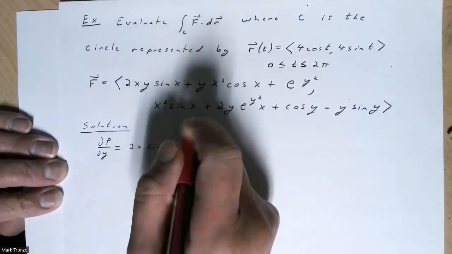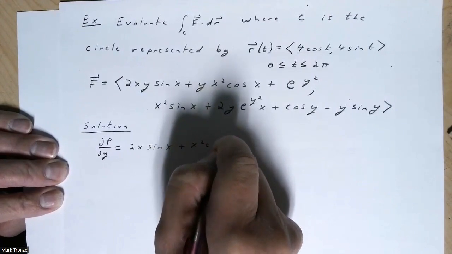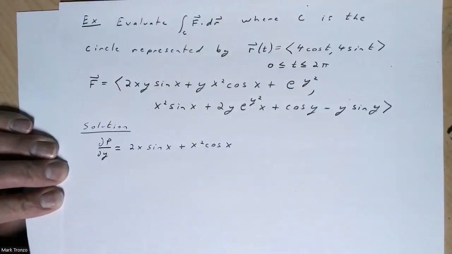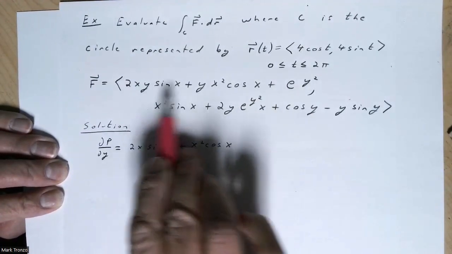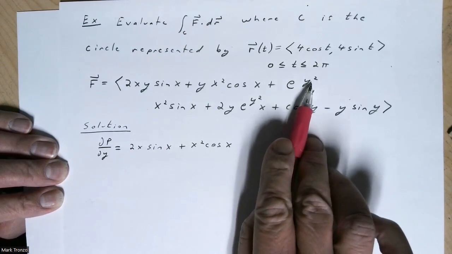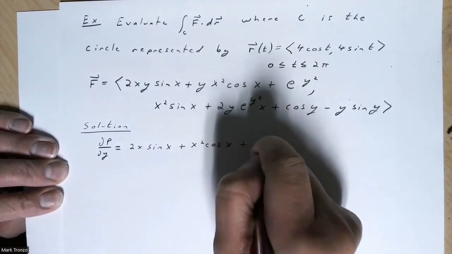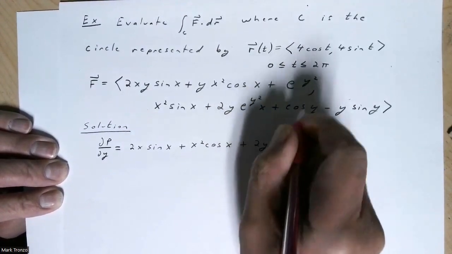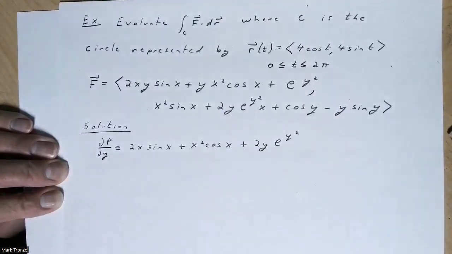Over here, this is going to be x squared cos x, because we just had y's in each of these. And this will just be e^(y squared) times the derivative of this, and that's going to be the derivative of that exponent, 2y e^(y squared), like this.